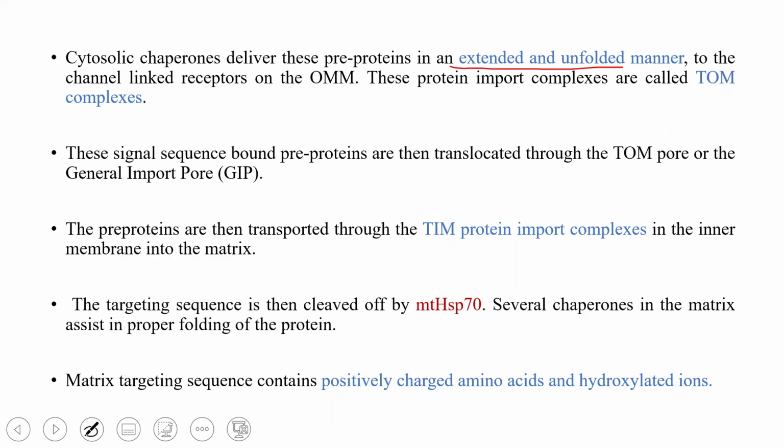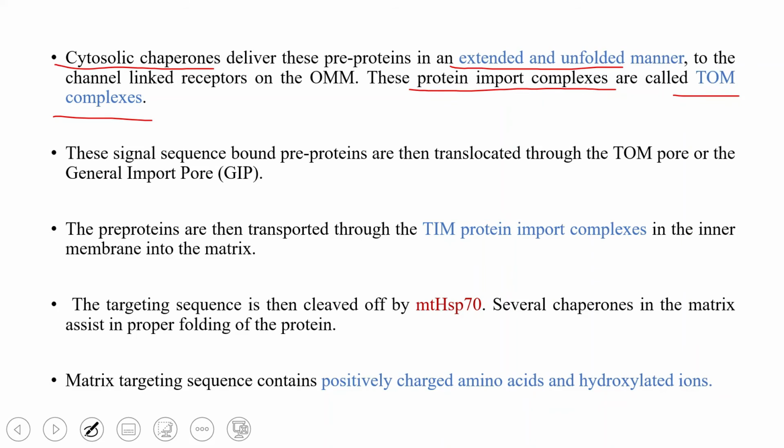These pre-proteins synthesized on the cytosolic ribosomes are bound to cytosolic chaperones, and these chaperones deliver them to the outer mitochondrial membrane. Now the outer mitochondrial membrane has certain protein import complexes called the TOM complexes.